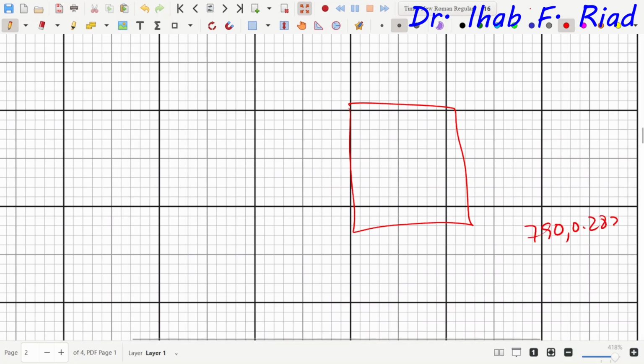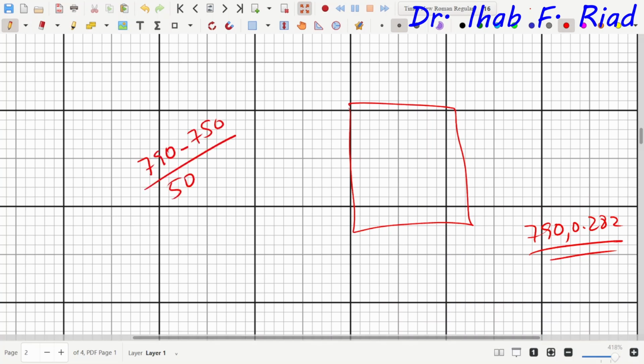790, 0.282. Okay, what about 790? We can do the math, which is 790 minus 750 divided by 50. This gives us 40 over 50, which is 0.8, meaning it is 8 small squares.